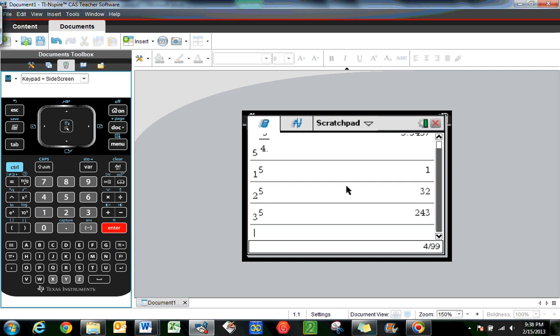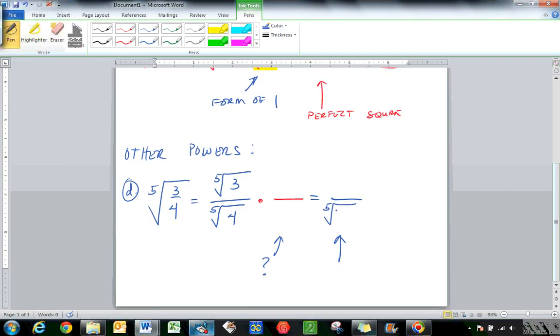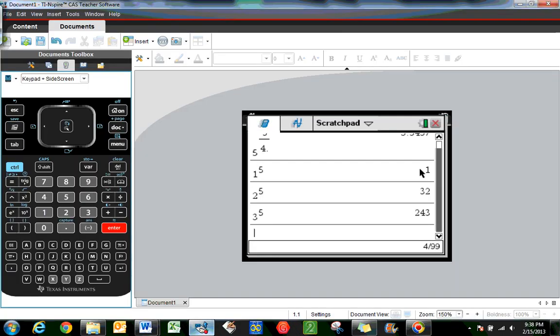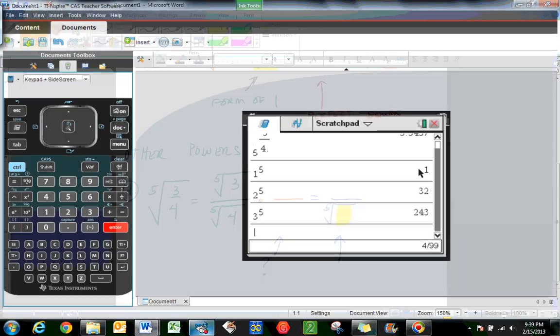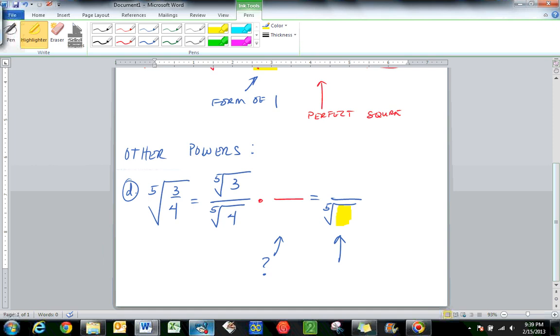Now, if we look at those answers, 1 is a perfect 5th, 32 is a perfect power of 5, 243 is a perfect power of 5. So we're looking for a value here. We want a value that can go here that would be a perfect root of 5. And of course we can choose from 1, 32, or 243, or any number bigger than that.